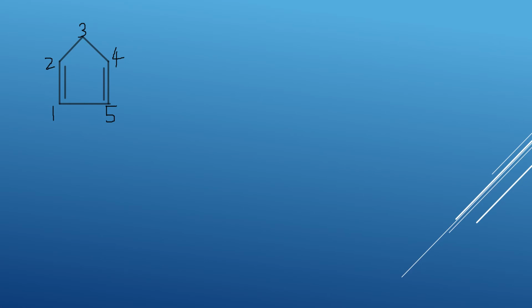Now let us try to write the name, penta-1,4-diene. But as a cyclo compound is there, cyclopenta-1,4-diene, it's okay. But I don't want to write like this. I want to write in another manner. So I'll just remove these numbers and write in another manner.